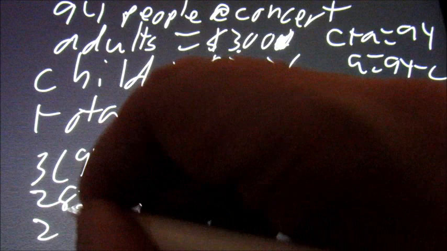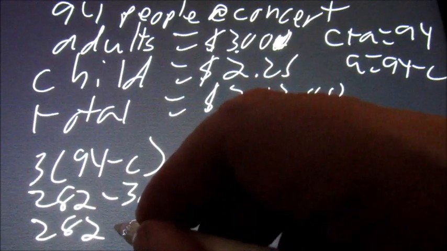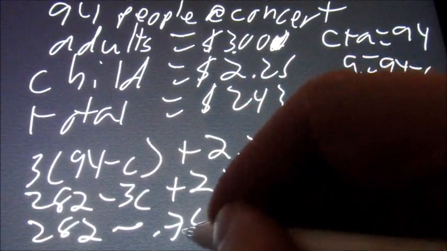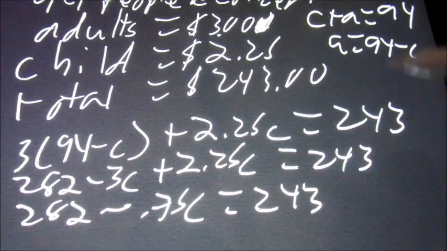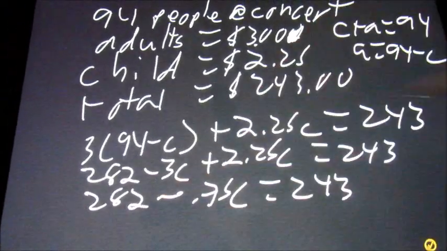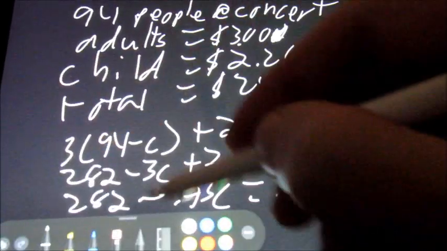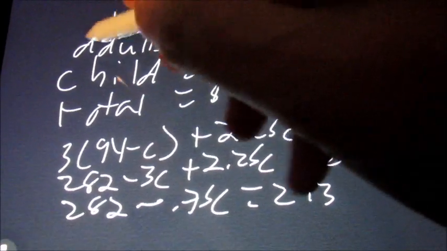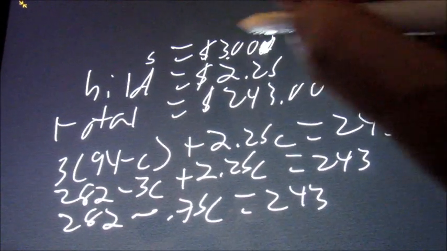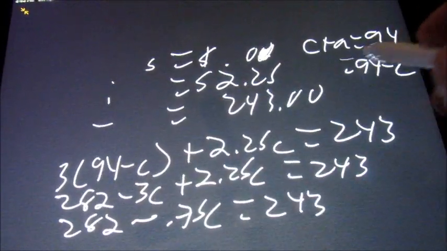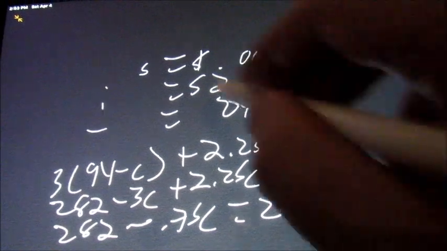Combine like terms, 282 minus 0.75C equals 243. Now I'm going to have to subtract the 282 from both sides.